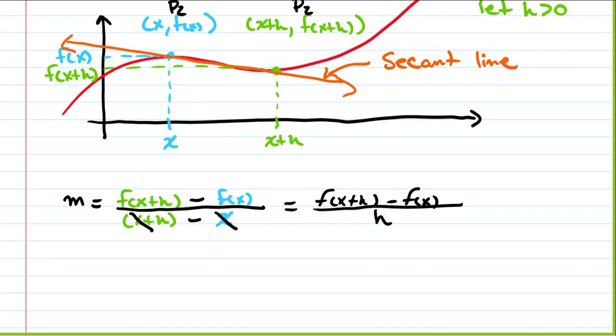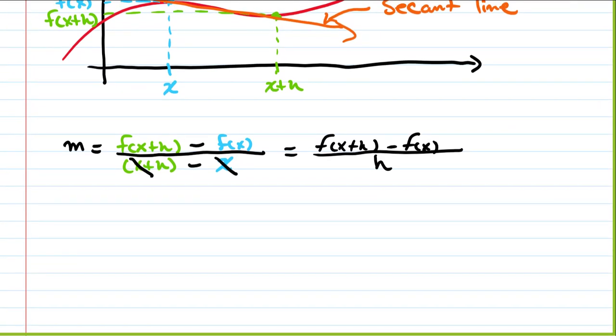So now, if we imagine h, the smaller the value of h, the closer these 2 points will be to each other, the better the slope of this line will be as an approximation of this slope. But one thing we notice, we can't let h equal 0, because if we did, we have an h in the denominator, and it would then have us divide by 0.